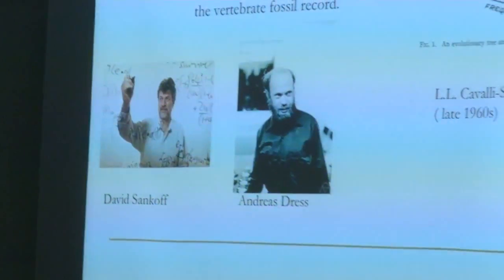There were other studies by Cavalli Sforza, a linguist from Italy, and Anthony Edwards, a mathematician from Cambridge, looking at genetic markers in blood and producing trees. Mathematicians were also involved, two in particular, David Sankoff from Canada and Andreas Dress from Germany.